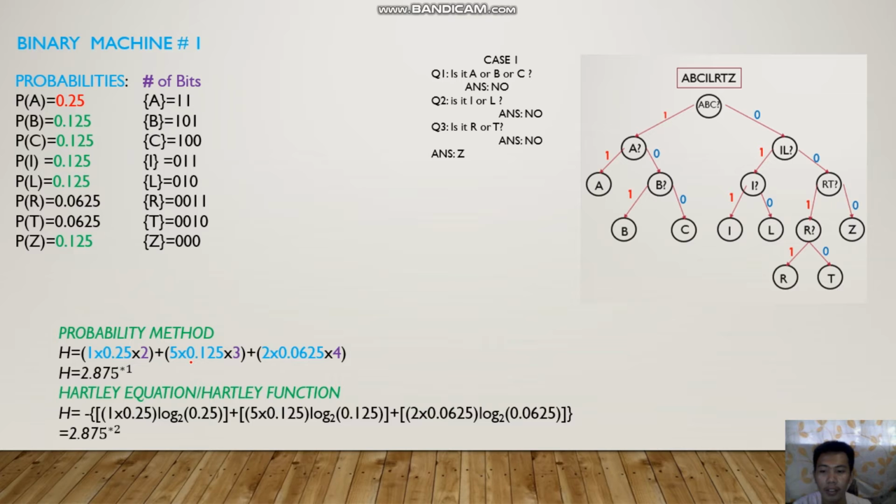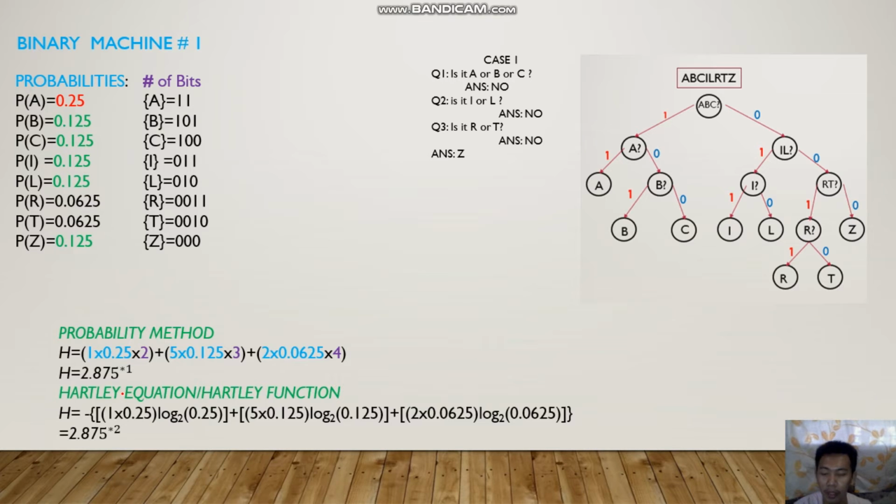The same is true also for 0.125 times 5, because it occurs 5 times in our graph, and times 3 because we have 3 bits. The same is true at 0.0625. It occurs two times and we have 4 bits. So simplifying our equation, we derive our entropy, or eta, at 2.875 using the probability method.